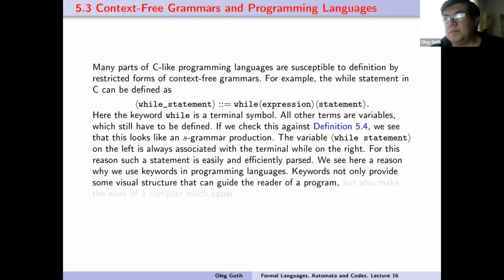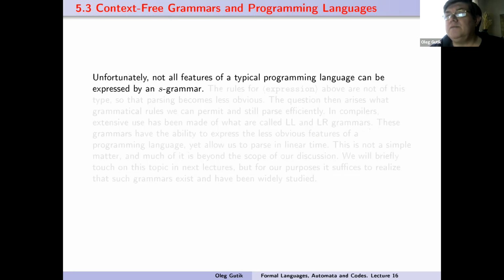Keywords not only provide some visual structure that can guide the reader of a program, but also make the work of the compiler much easier. Unfortunately, not all features of typical programming languages can be expressed by an s-grammar.